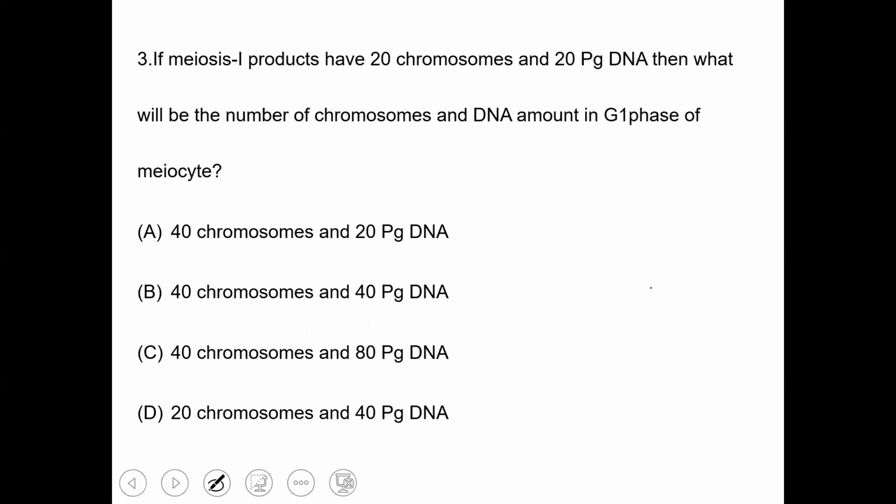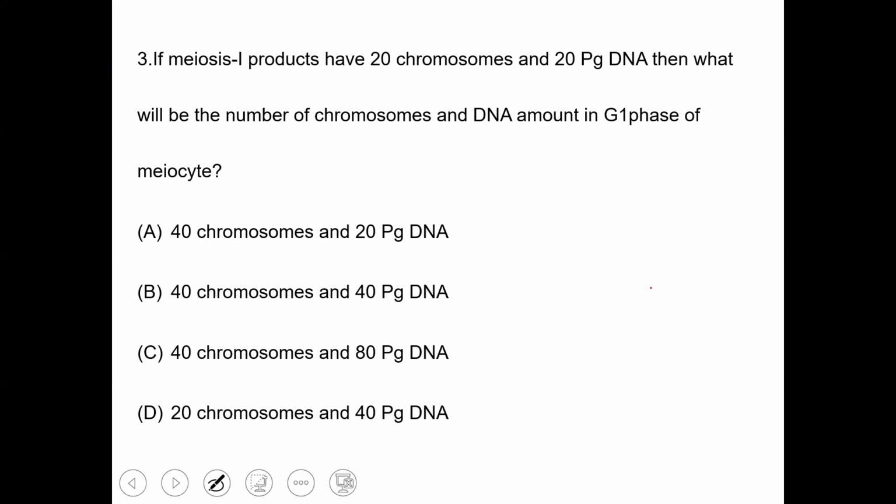The options are: 40 chromosomes and 20 pg of DNA, 40 chromosomes and 40 pg of DNA, 40 chromosomes and 80 pg of DNA, 20 chromosomes and 40 pg of DNA.